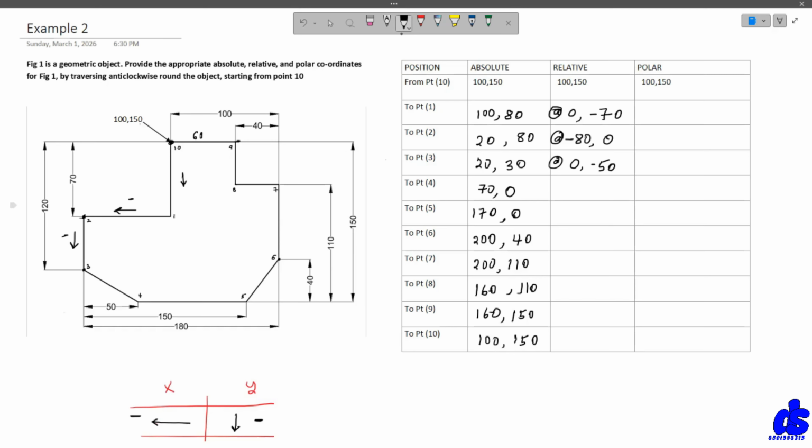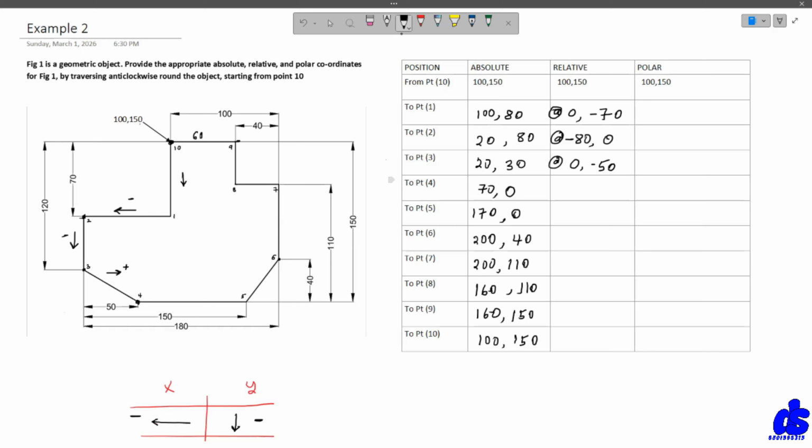Now let's move on to point 4. For point 4, there's a change both in x and y. So relative to this point, let's start with the x first. So x is moving to this side, which is plus a distance of 50.